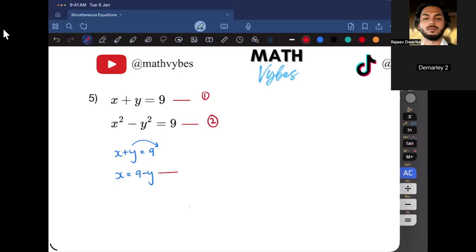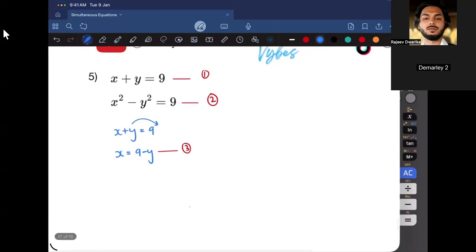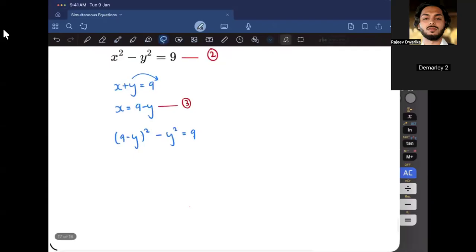And so I'm going to plug equation 3 into equation 2. I'm going to write x squared, which is 9 minus y squared, minus y squared is equal to 9. Remember, 9 minus y squared would mean 9 minus y by itself.